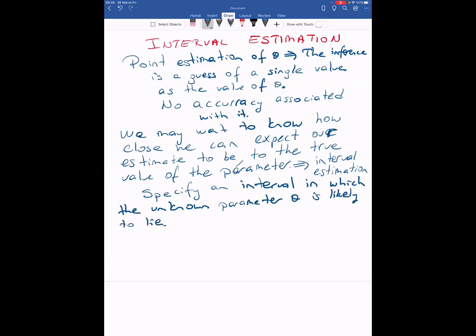And it contains a measure of accuracy through the variance.